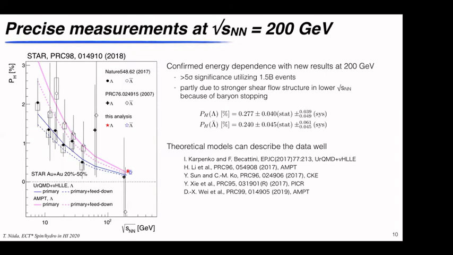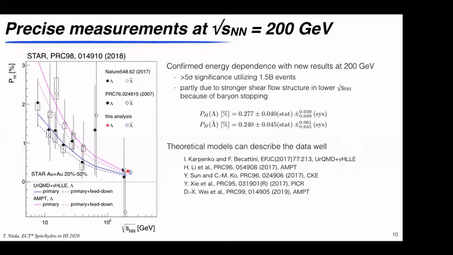Then STAR also revisited the 200 GeV data by using the high statistics data taken recently. This most right data point is a new result for 200 GeV with roughly 5 sigma significance, and this new result also confirms the energy dependence of the polarization. At 200 GeV, the polarization signal is roughly 0.3%.